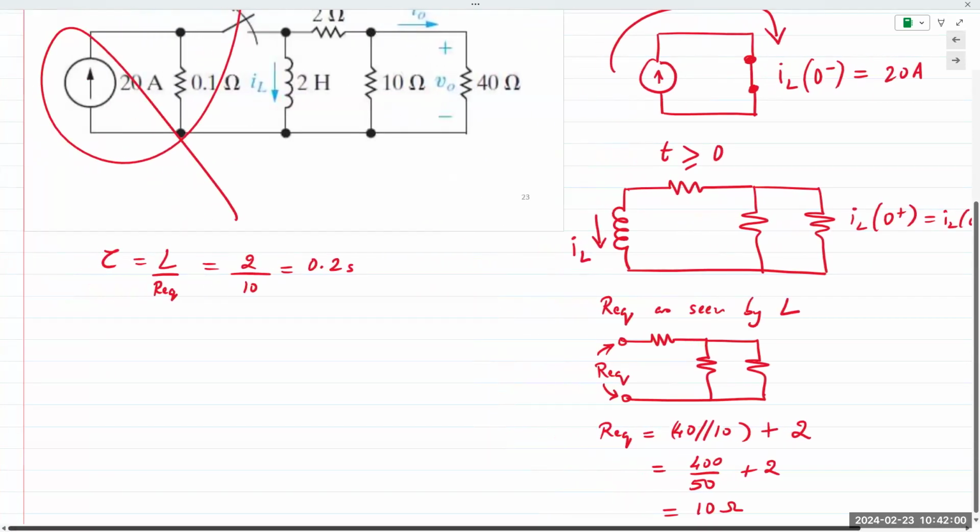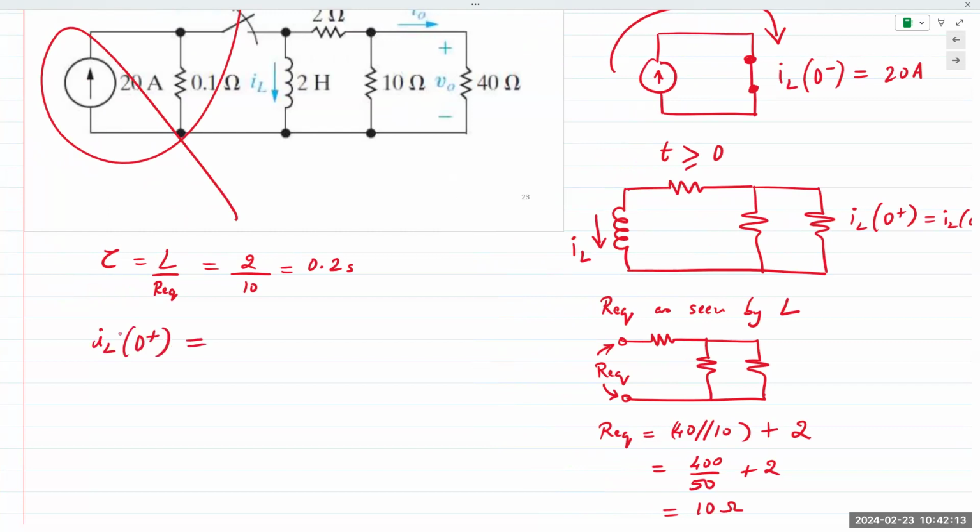Right? And that's the point of drawing the circuit diagrams for t less than 0 and t greater than 0. Because IL 0 plus would be the same as IL 0 minus. Let me write it down here again. 20 amps, and therefore the initial value of the current I0 would be 20 amps.